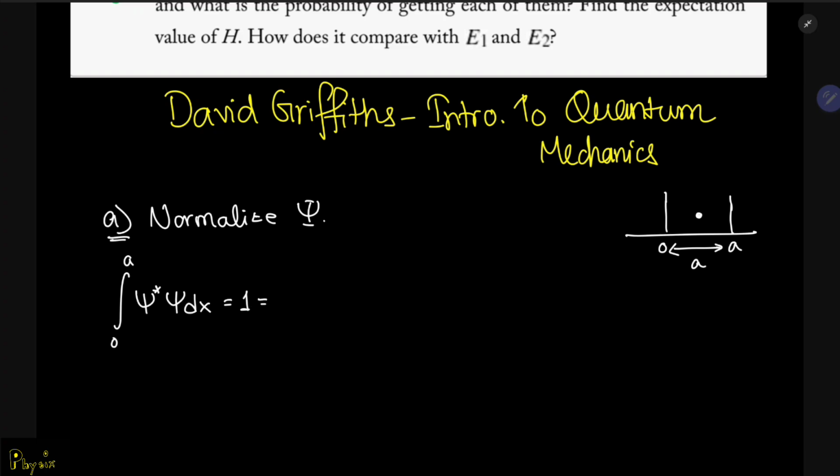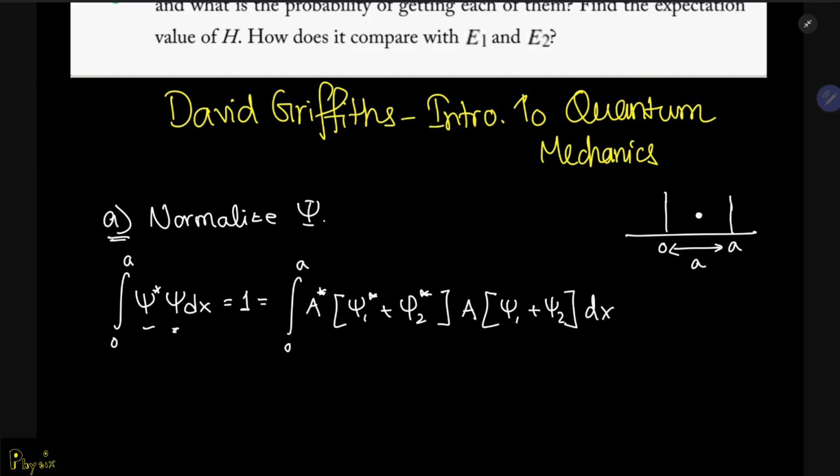All right, so when you break down the terms inside the integral, it becomes an integral that looks like this. So you have a psi 1 star plus a psi 2 star times a psi 1 as a function of x plus psi 2 dx.